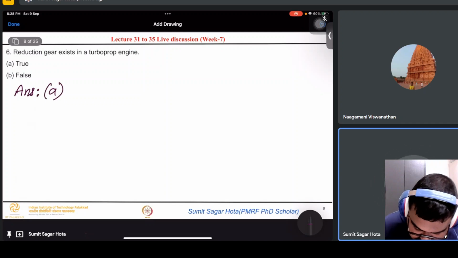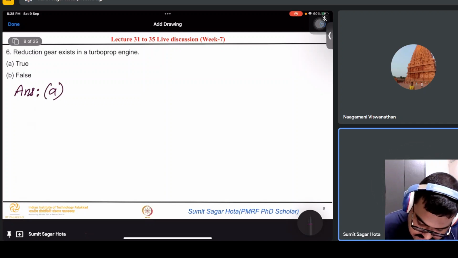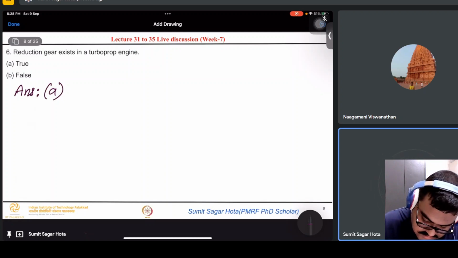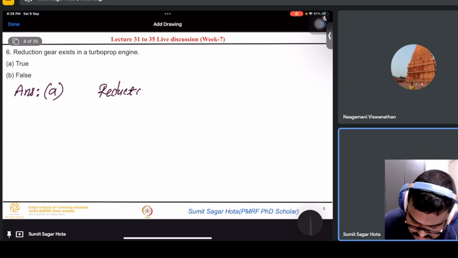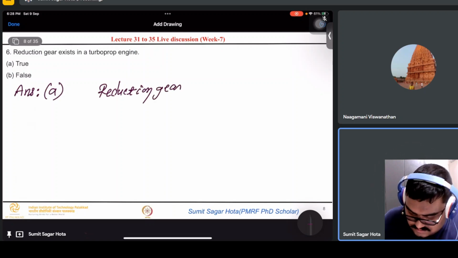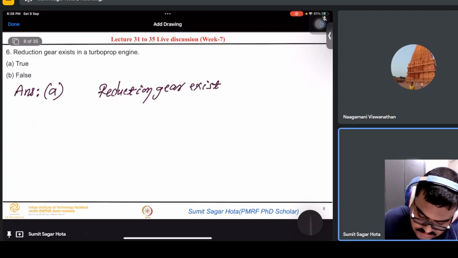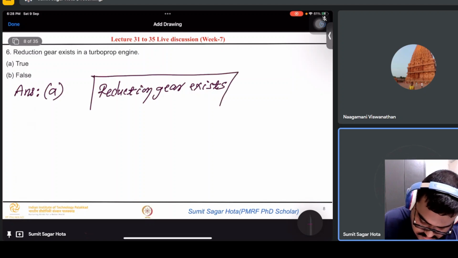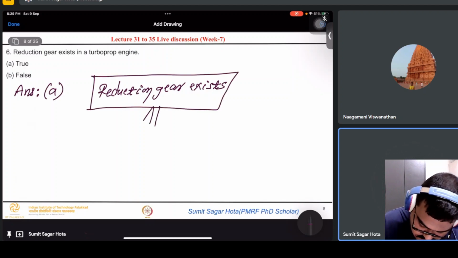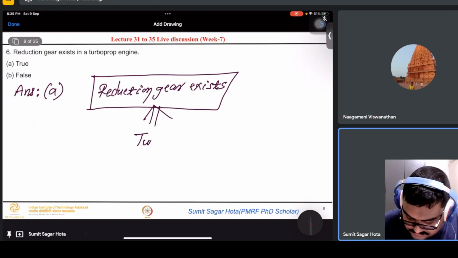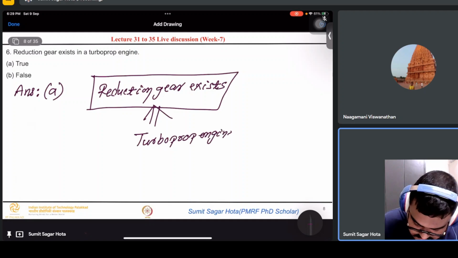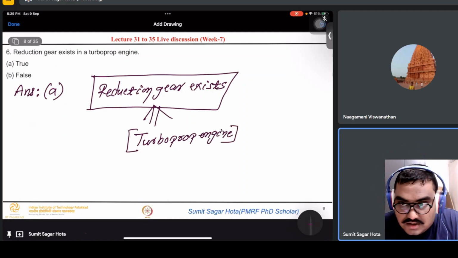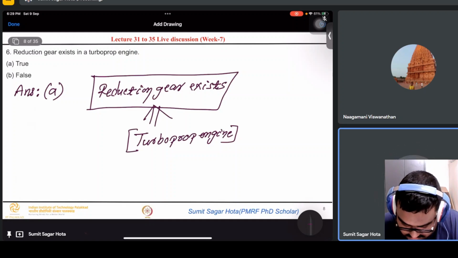Reduction gears exist in the turboprop engine.